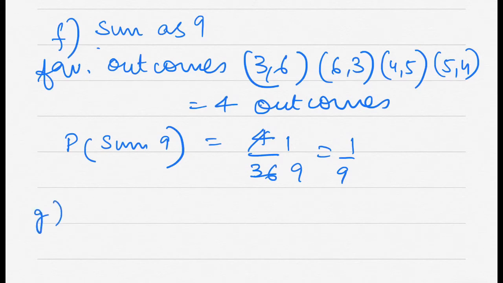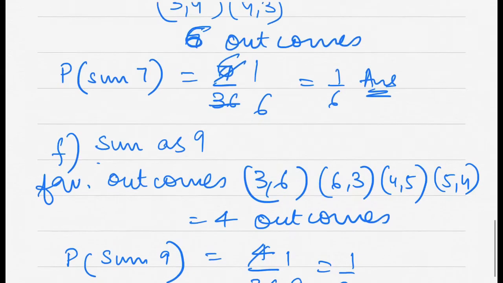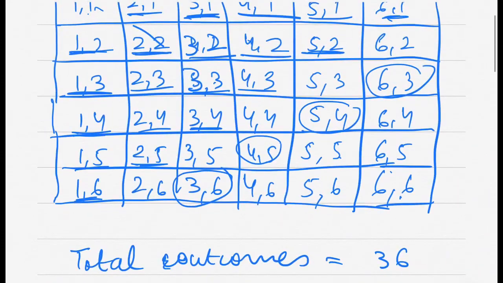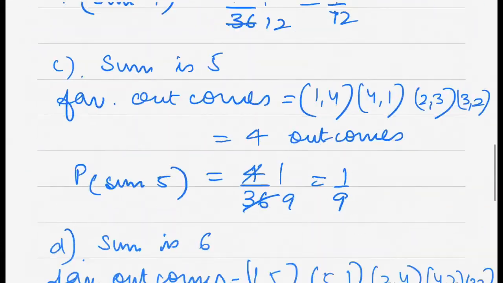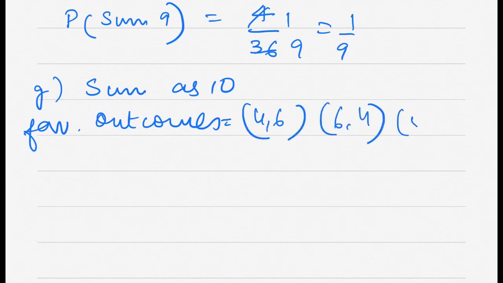Okay, now let me go to the G part. So sum as 10 now. So the favorable outcomes for sum as 10 will be 4 6, 5 5, and 6 4. So the outcomes are 4 and 6, 6 and 4, and 5 and 5.